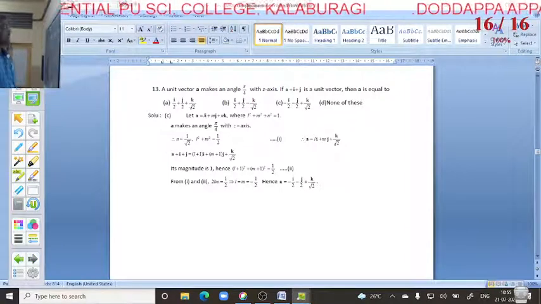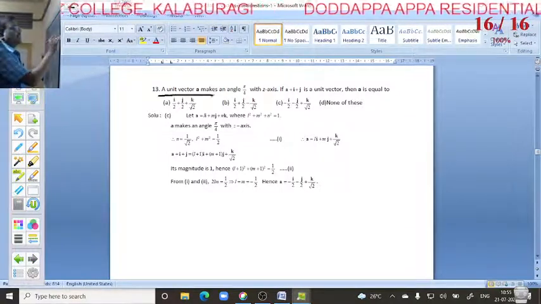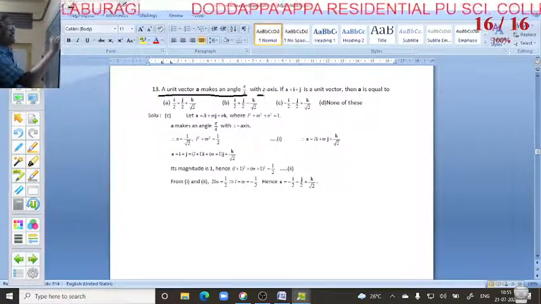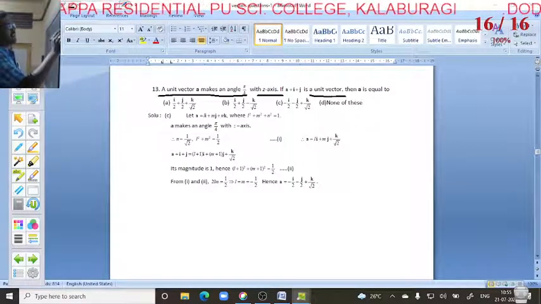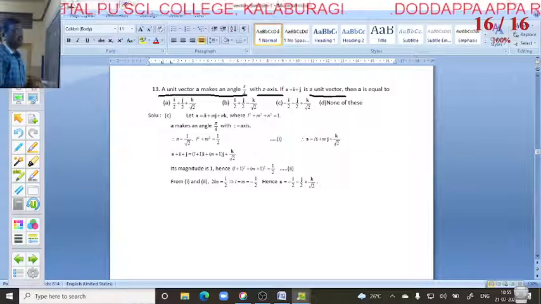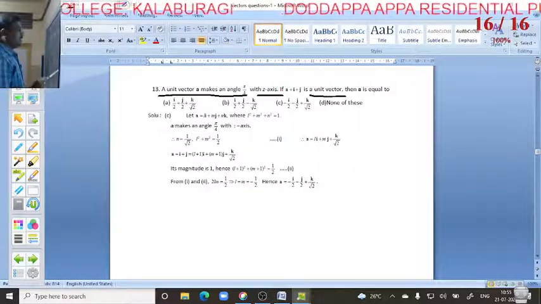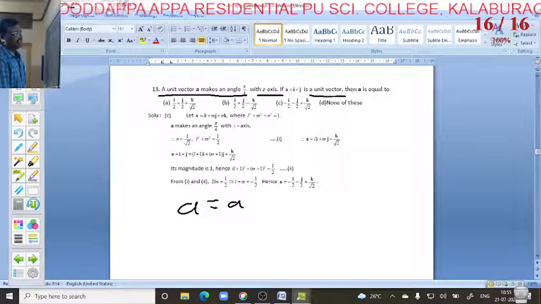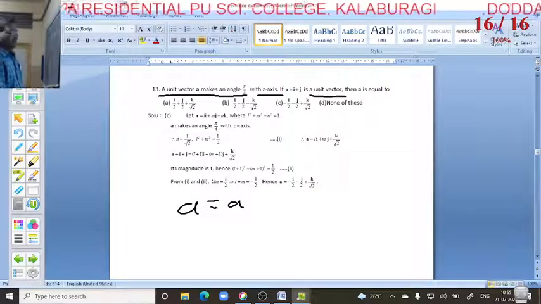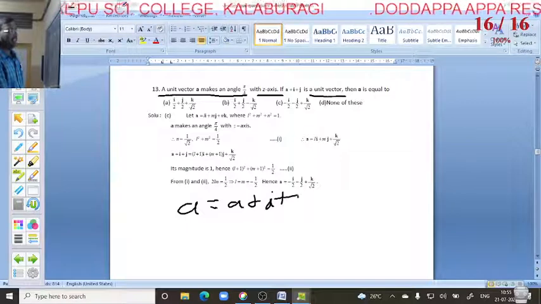Next, 13th. A unit vector makes an angle pi by 4 with the z axis. If a plus i plus j is a unit vector, then a is equal to. Here, what is given?